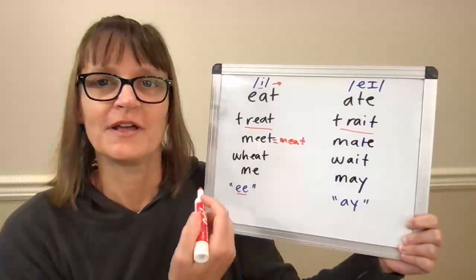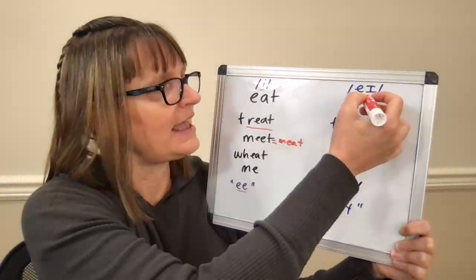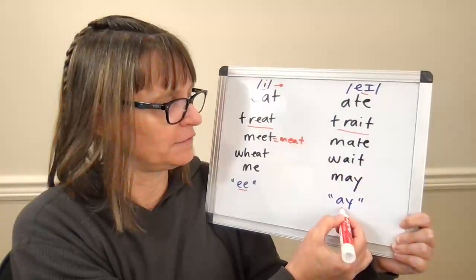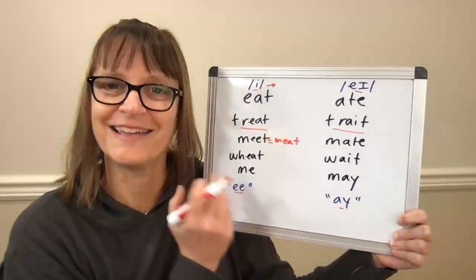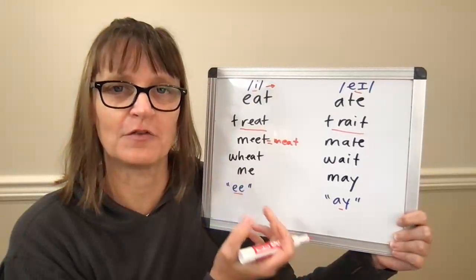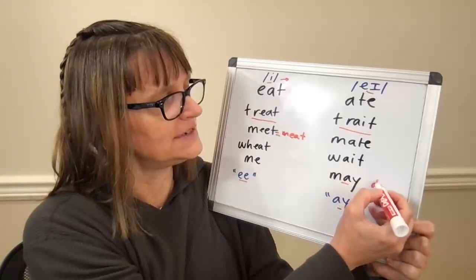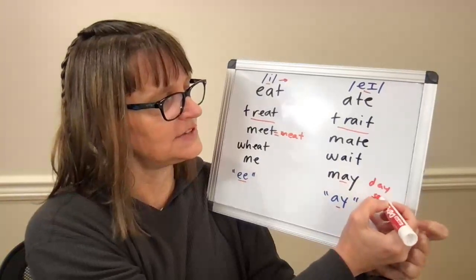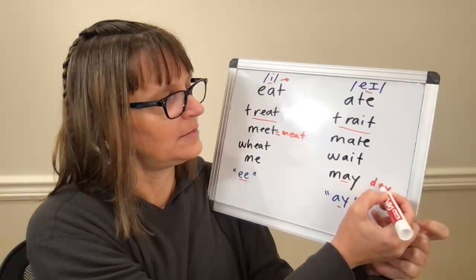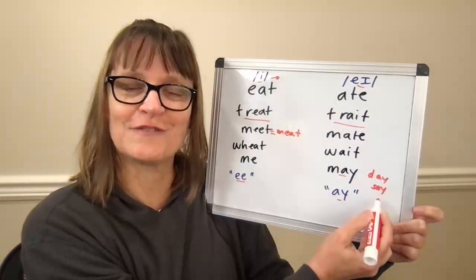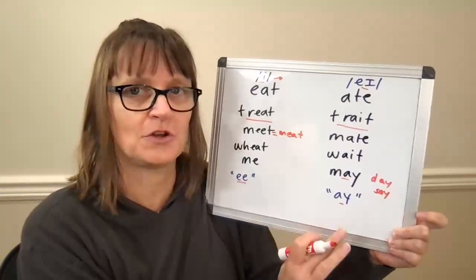Then for the word trait, we have the A diphthong, and I often rewrite that with the letters AY, again, because that's a typical spelling for most people. Also, in a word like may or day or say, non-native speakers often can do this vowel correctly because there's no consonant following.